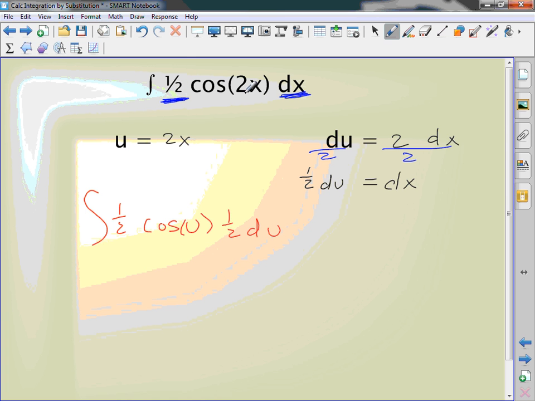I replace the 2x with the u. I replace the dx with 1/2 du. I'm going to do a little bit of math here. We don't put the 1/2 here. We put it out front. So it's a 1/2 times a 1/2, 1/4. 1/4 cosine of u du.